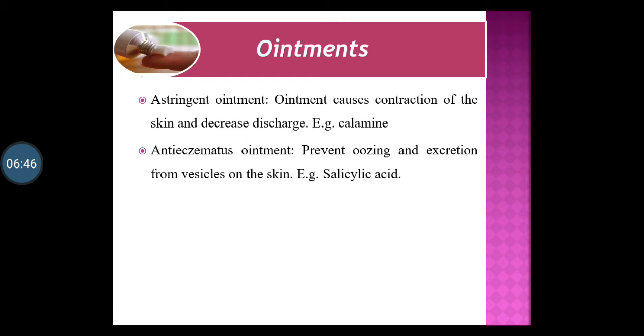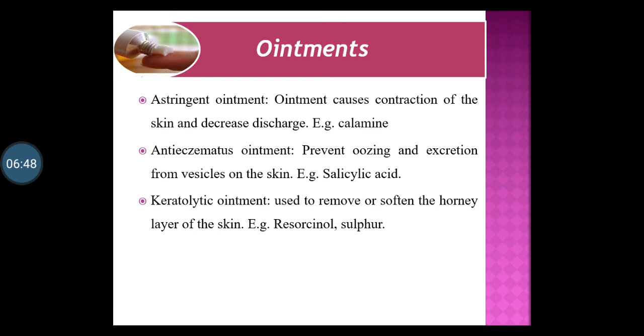hydrocortisone, etc. Then next type of ointments are keratolytic ointments, which are used to remove or soften the horny layer of the skin. Examples are resorcinol, sulfur, salicylic acid. These are generally hair removing agents which are used to remove the hair.